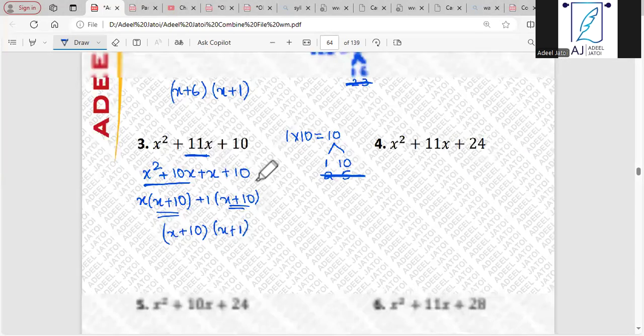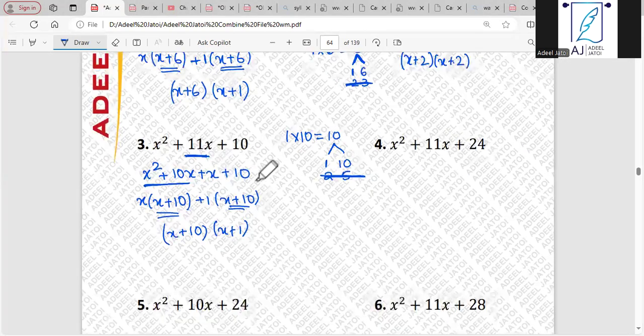Similarly, look at part 4. We can see easily that we have 1 and 24. So 1 into 24 becomes 24. Factors of 24 are 1 and 24, 2 and 12, 3 and 8, 4 and 6, and then the repetition 8, 3, 12, 2, 24, 1.